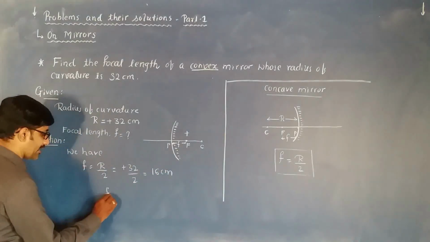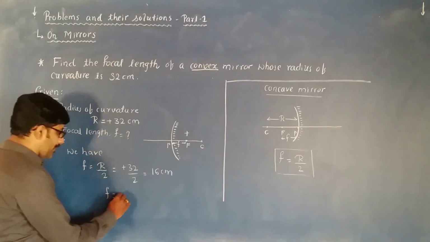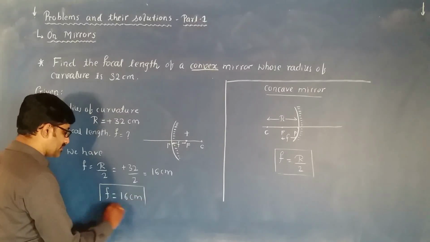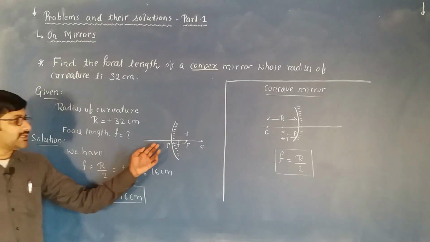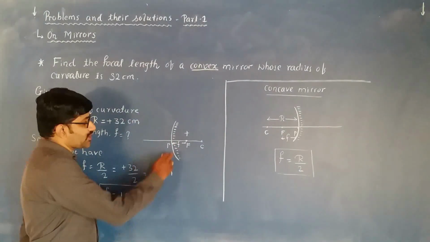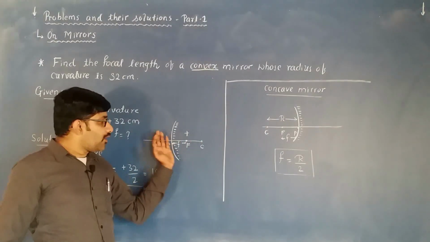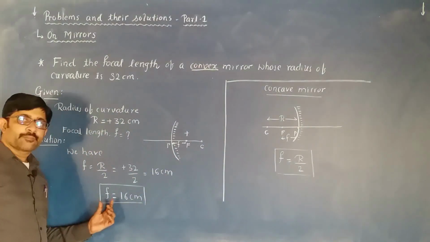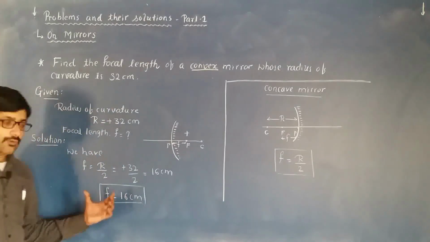So the focal length of the convex mirror will be 16 centimeter. f is positive here because all the distances are measured from the pole. In this case you will find P, F, C on the right hand side. That's why we keep this f positive, and hence this will be your result.